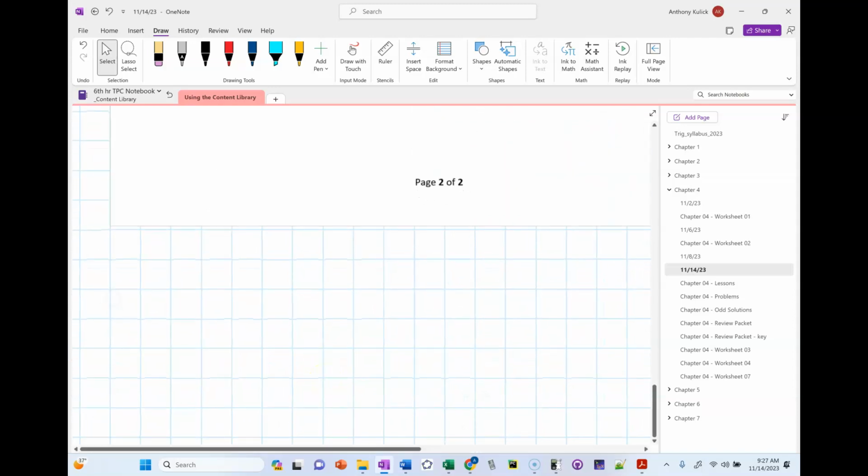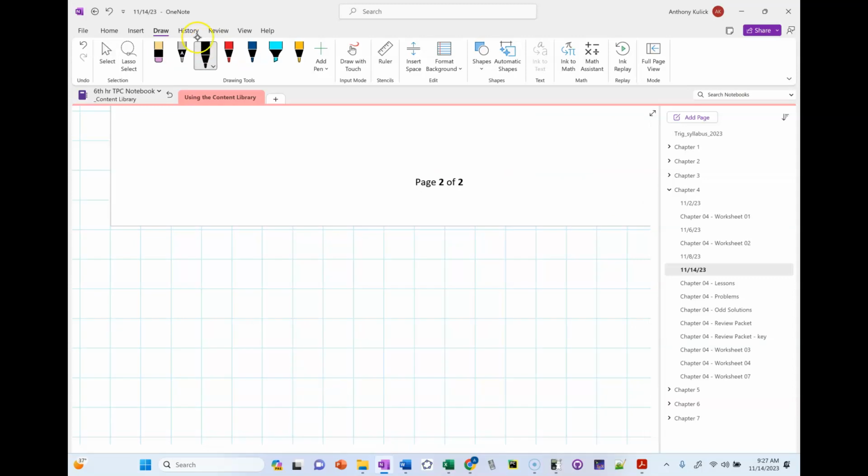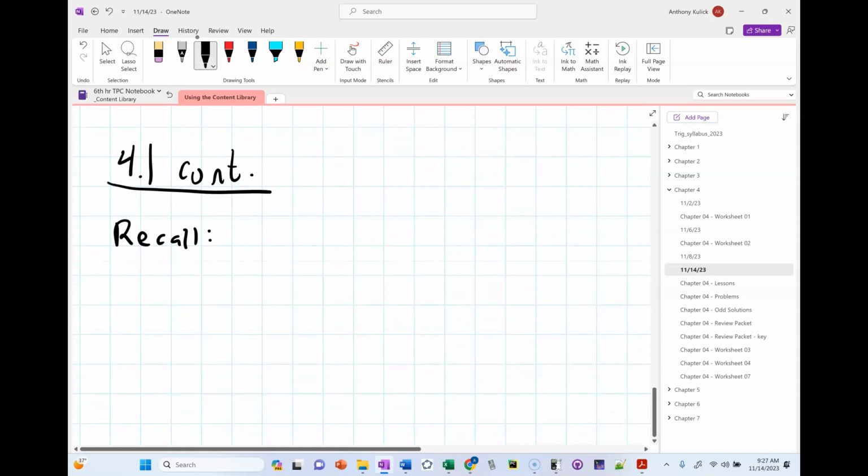Let's finish up 4.1 today then. So I want to remind ourselves about the ranges for sine inverse, cosine inverse, and tan inverse.